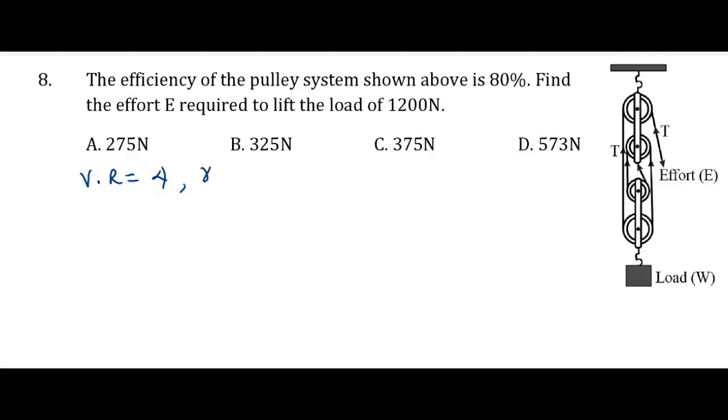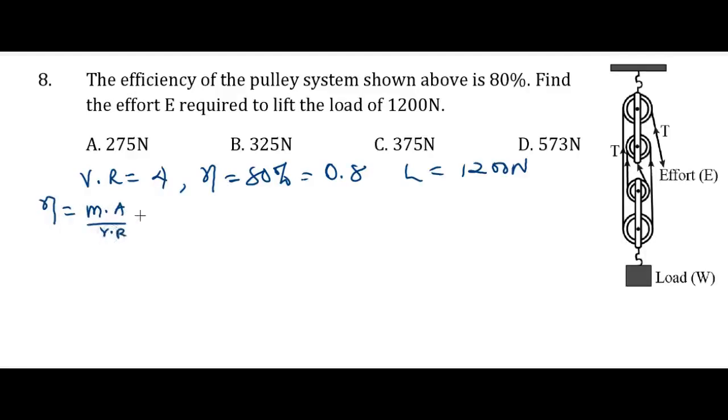Then we have efficiency given to be 80%, and that is 0.8. Then we have load given to be 1,200 Newton. Now, since efficiency is mechanical advantage over velocity ratio times 100, and we have already gotten our efficiency to be 0.8, we will not have to deal with this 100 any longer.